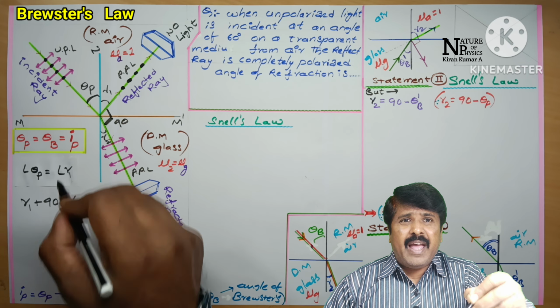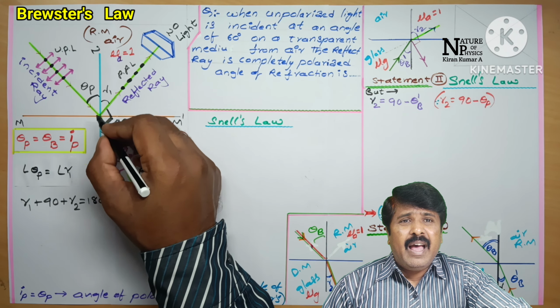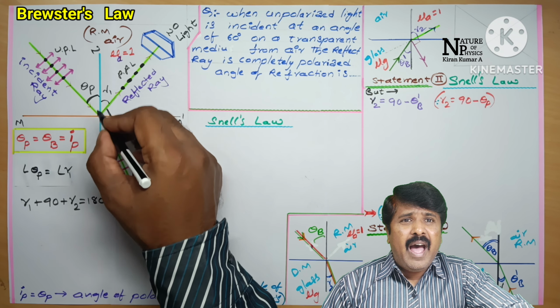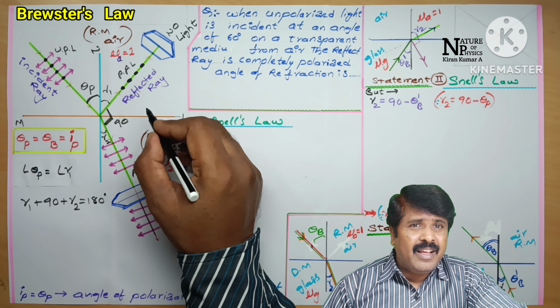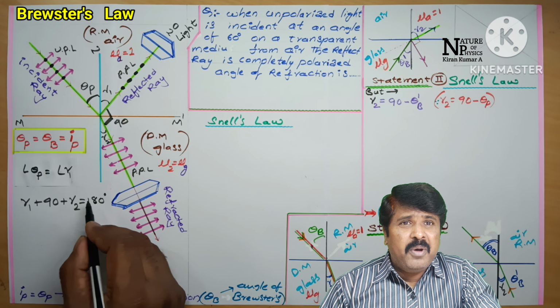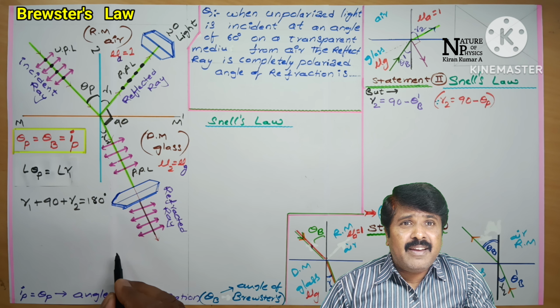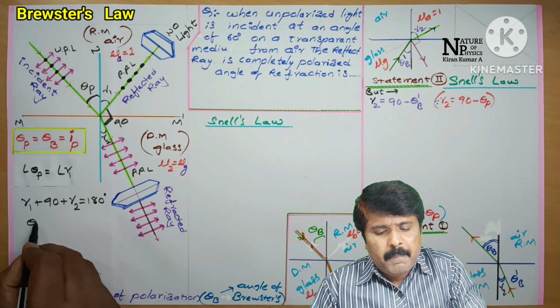Notice that the angle of reflection and angle of refraction, with the reflected ray and refracted ray mutually perpendicular to each other, that's why R1 plus 90 plus R2 is equal to 180 degrees. Here R1 is replaced with theta p.